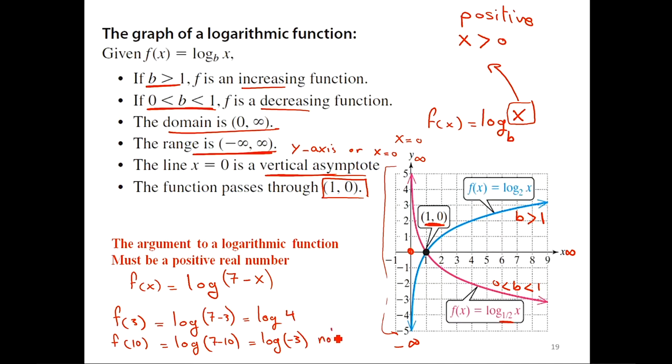This is not defined, or undefined, because the result inside the logarithm, the argument, is negative. The argument must be positive.